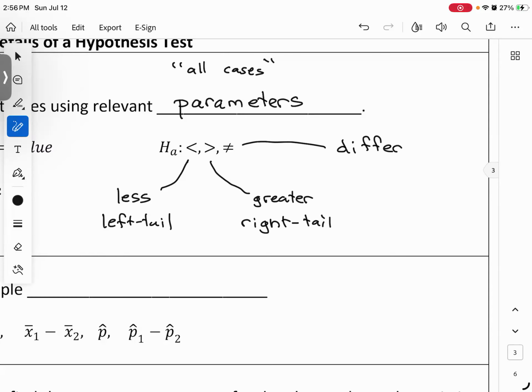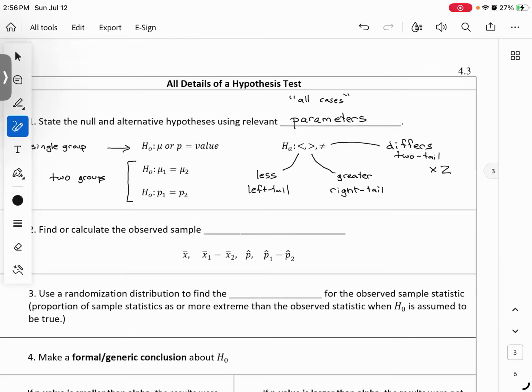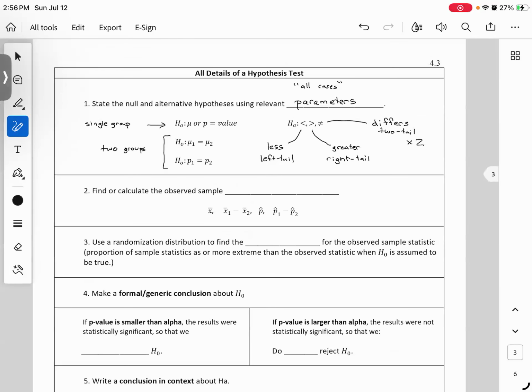And then some of them haven't specifically decided whether they want to do a less than or greater than. They're just saying in general they feel like something differs. And that would be your two-tail test, where you have to do times two whenever you are calculating to find your p-value.